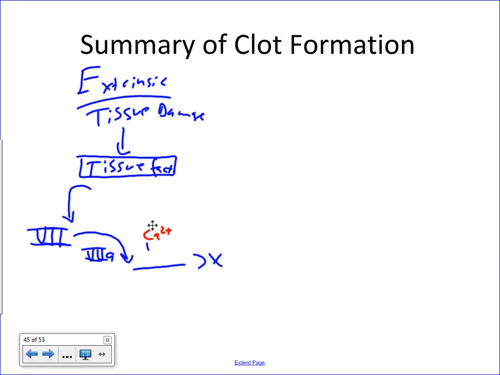Sorry about that, folks. So basically, when you mix clotting factor 7 with calcium, that is going to activate clotting factor 10, which we would label as XA.